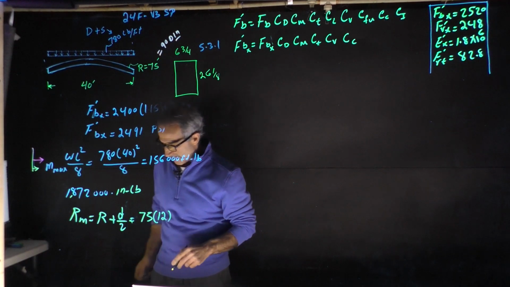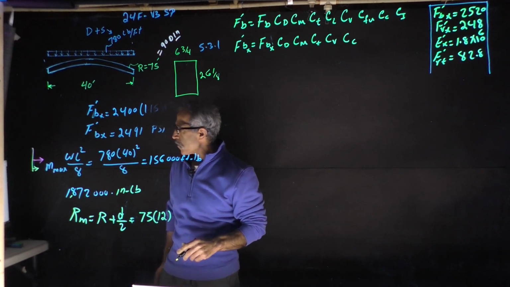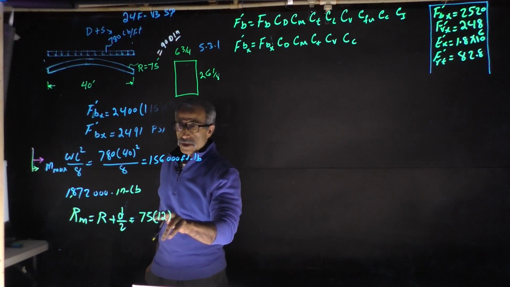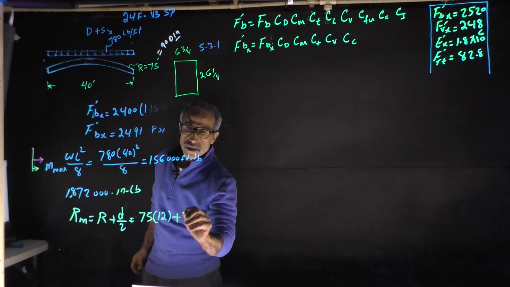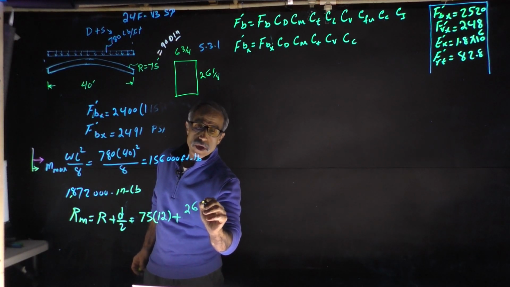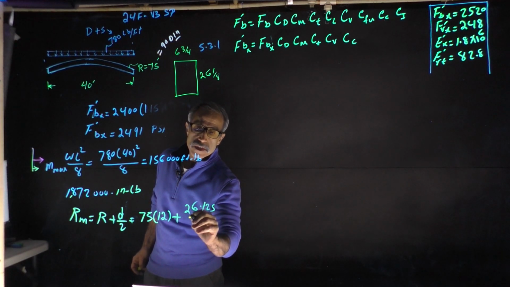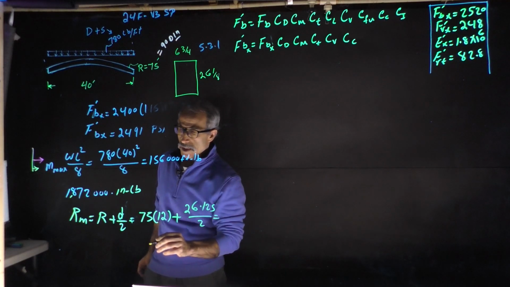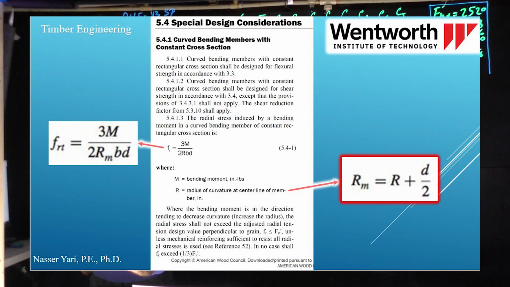And divide that by 2, plus D. D was 26.125, divided by 2, so RM comes out to 913.1 inches.